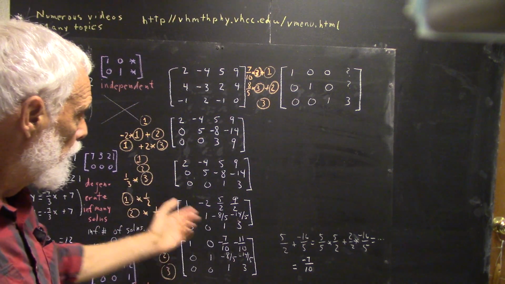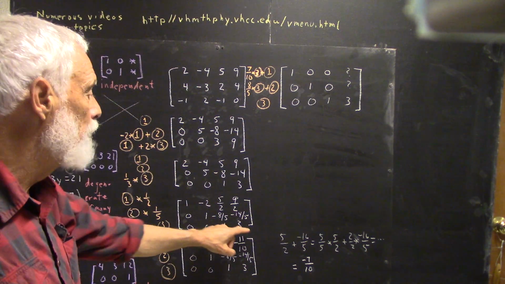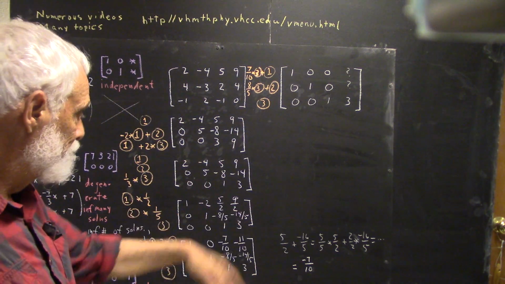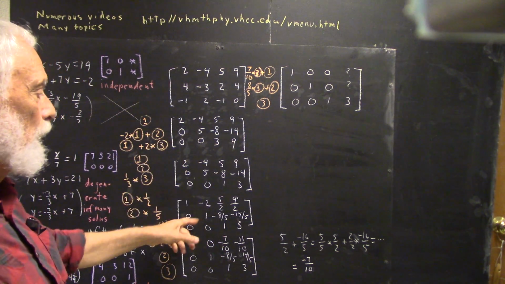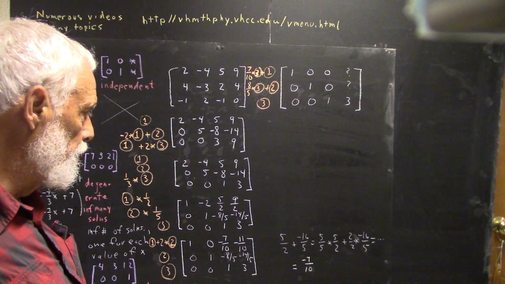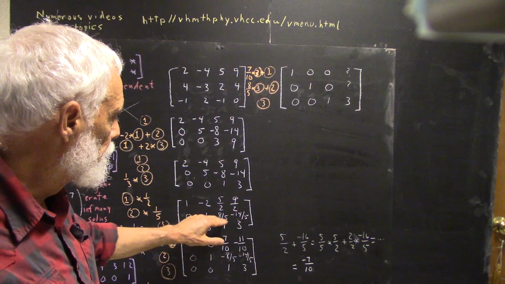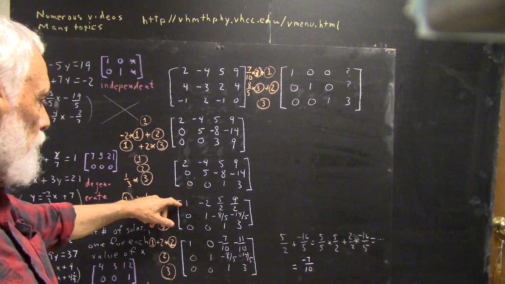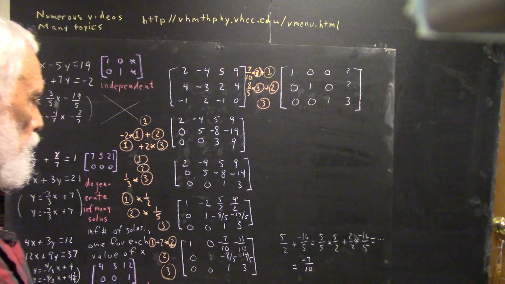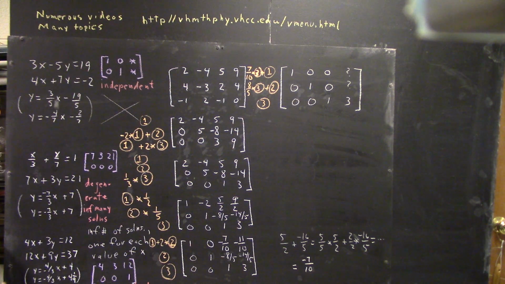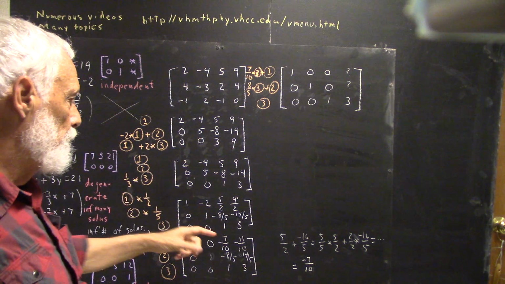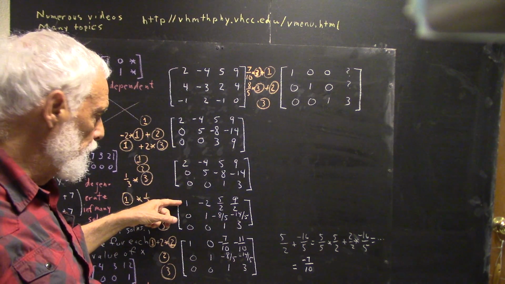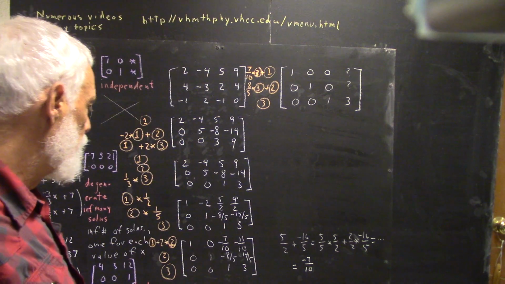And now we have ones here, which means we have z equals 3, y plus some other stuff. Of course, y plus -8/5 z is -14/5, but we can substitute 3 for the z, and now we have an equation that we easily solve for y. And then similarly up here we have an equation in which we could substitute the value of z we obtained here, the value of y we obtained here, get an equation that we can solve easily for x.